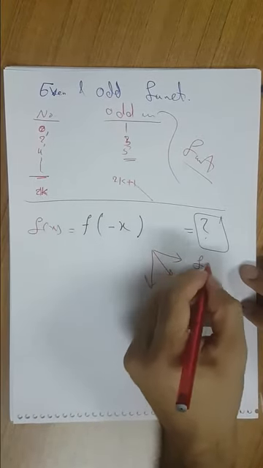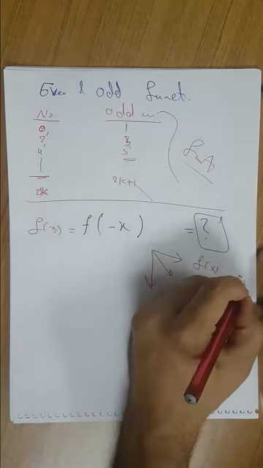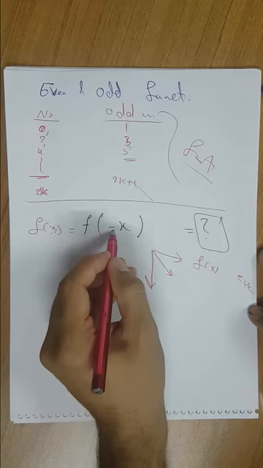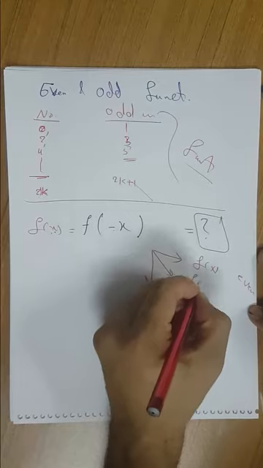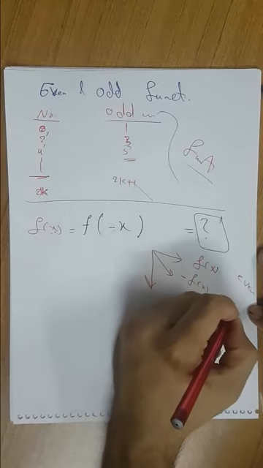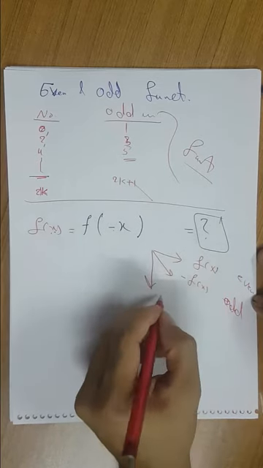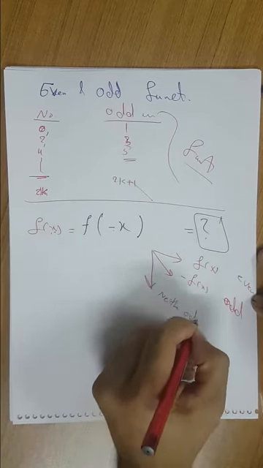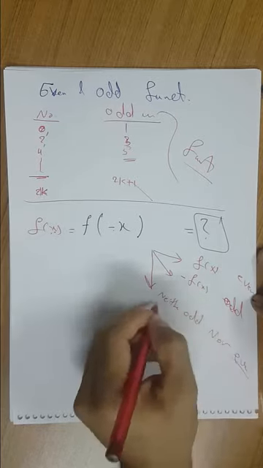If the output is the same function, without changing anything, we say even. If after putting the minus in front of each x the result is minus the function, we call it odd. Otherwise, we say neither odd nor even, none of them.